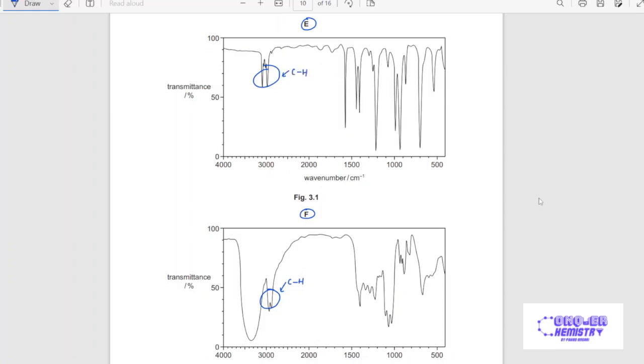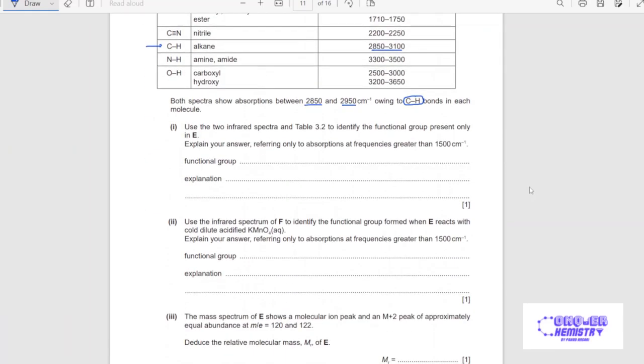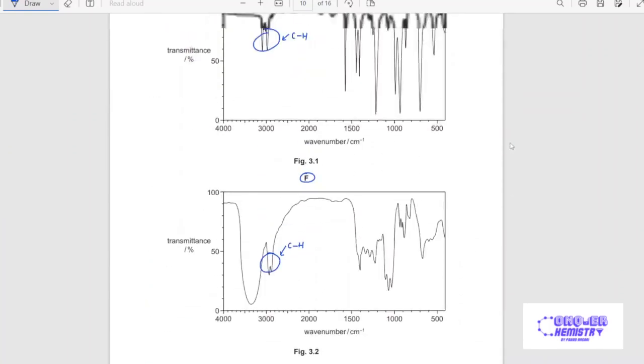Okay, let's move on. It says that we need to use the two infrared spectra and the table 3.2, this table that we just saw, to identify the functional group present only in E. All right, we need to explain the answer referring only to absorptions at frequencies greater than 1500 per centimeter, right? So we have been given a cutoff. Let's take a look at that.